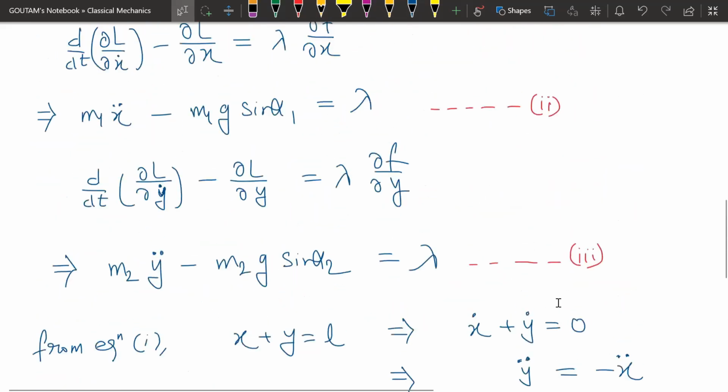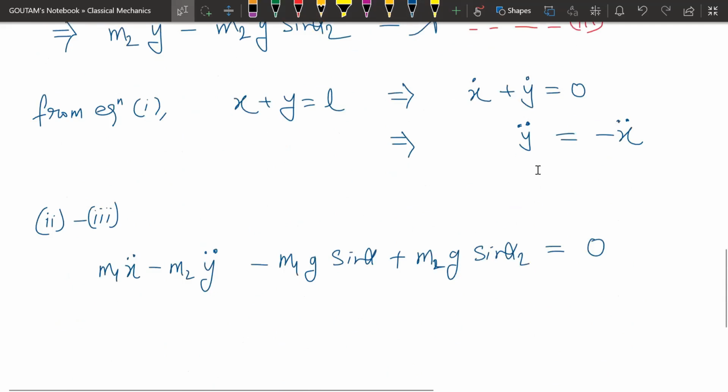This lambda and lambda cancel, and we have this equation, right?